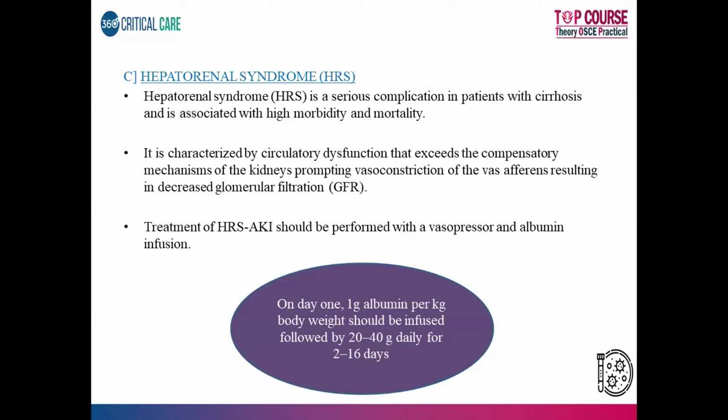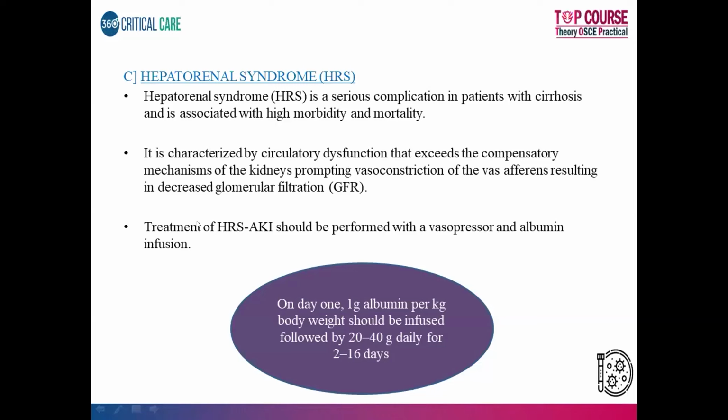Now next comes the hepatorenal syndrome. We all know this is a serious complication which might lead to high morbidity and mortality. This is basically characterized by circulatory dysfunction which exceeds the compensatory mechanisms of the kidneys, prompting vasoconstriction of the vas afferens resulting in decreased GFR.